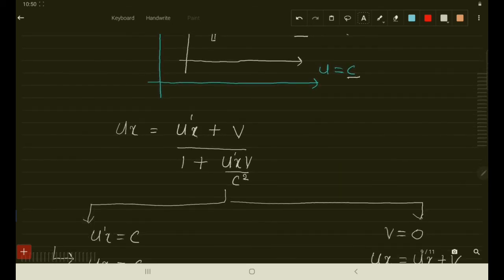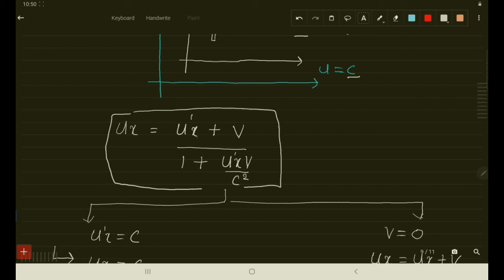So now we will take one of the equations. We will take the inverse transformation equation, that is ux is equal to u dash x plus v divided by 1 plus u dash x v by c square.